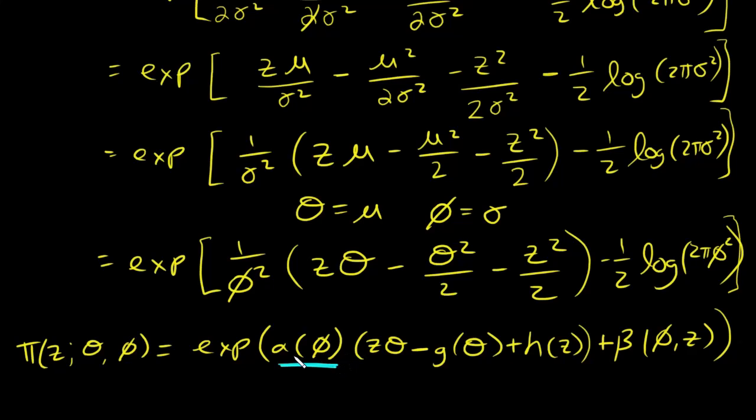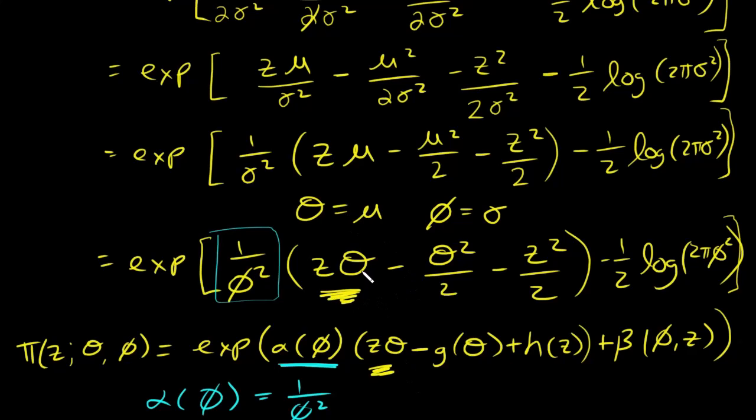So alpha of phi, a function of phi, that's going to be this piece right here. Okay. Alpha of phi is 1 over phi squared. Okay. Next, I have z times theta. That was an important thing that I needed to be exactly looking like that. All right, so that's good to go. Next, I have g of theta, a piece that is just of theta.